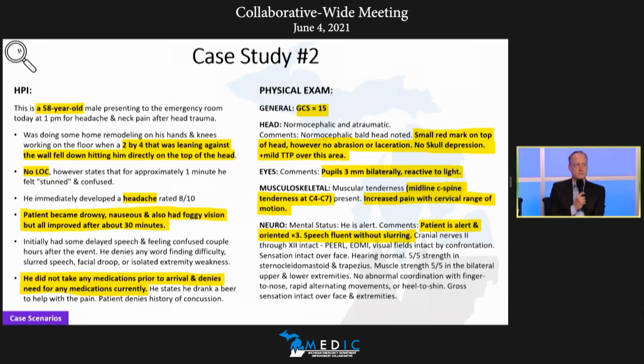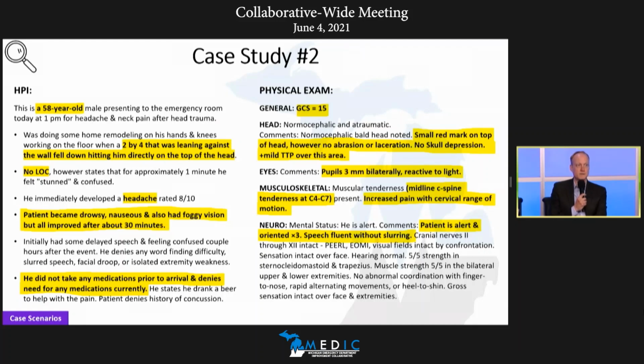Let's flip over to the physical exam. Again, documented normal GCS of 15. There is note of a small red mark on the top of the head, but no breaks in the skin, no exam findings suggesting skull depression.